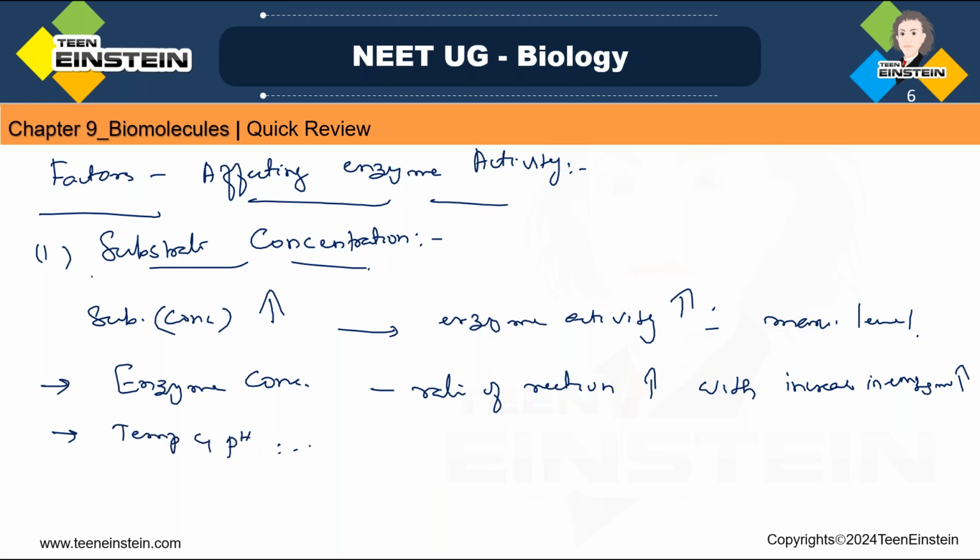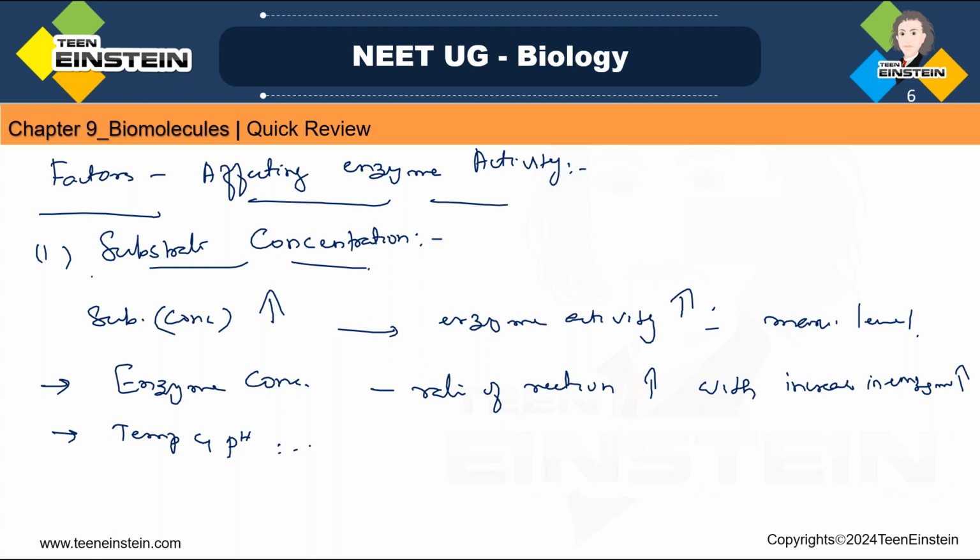Okay, so in most enzymatic reactions, a rise of 10 degrees Celsius in the temperature doubles the rate of reaction between 5 to 40 degrees Celsius.